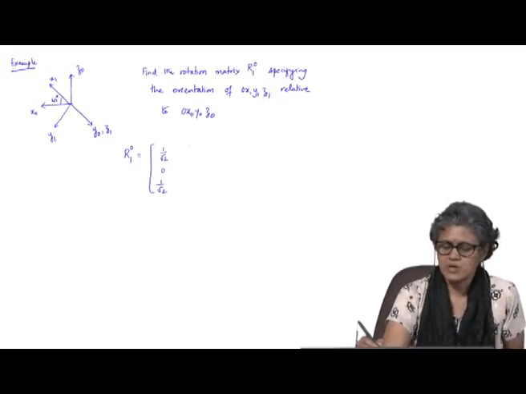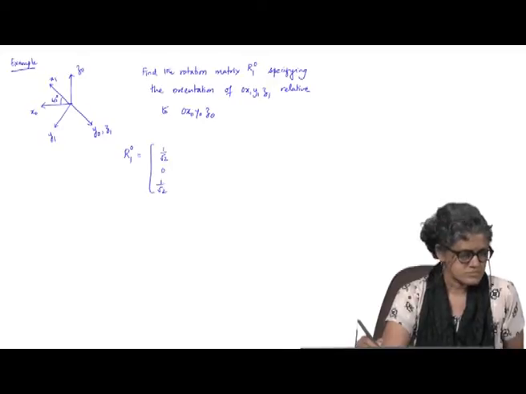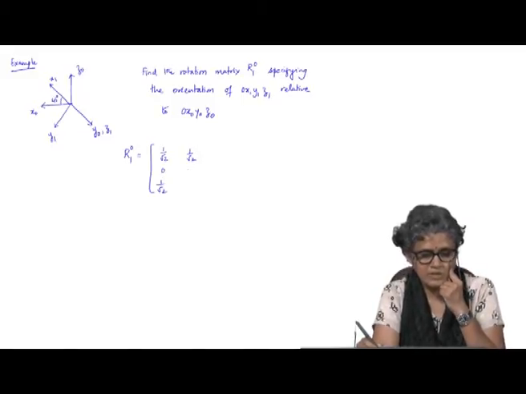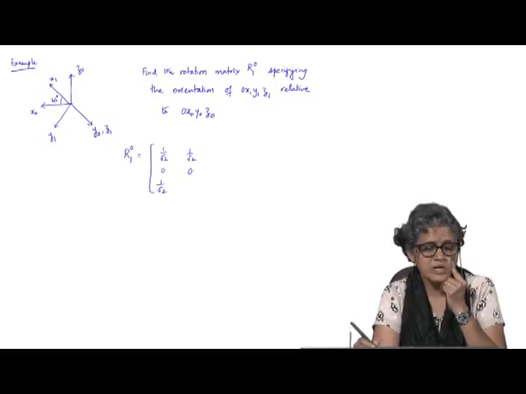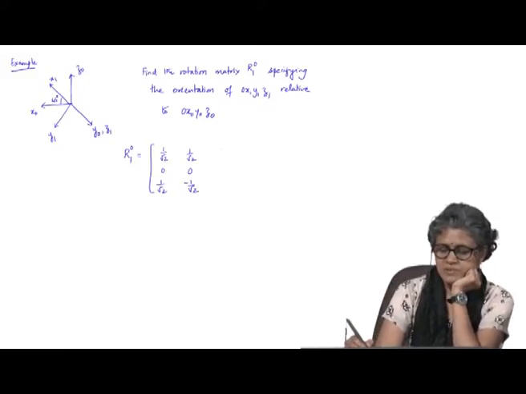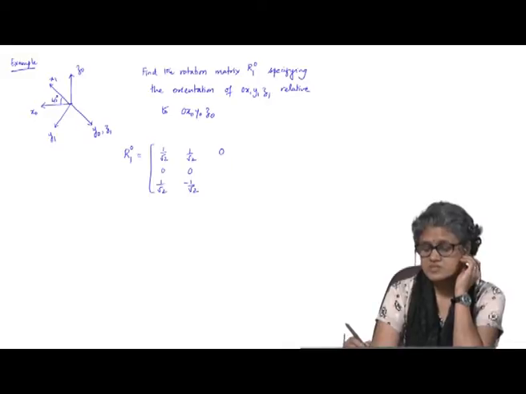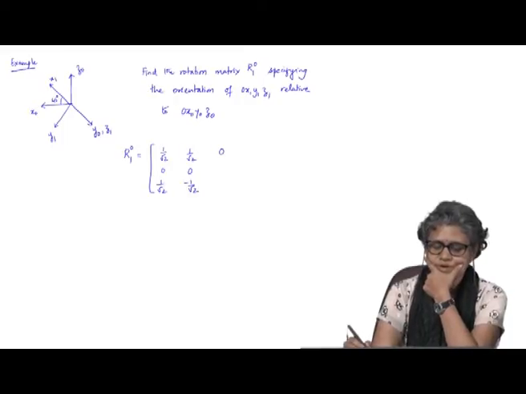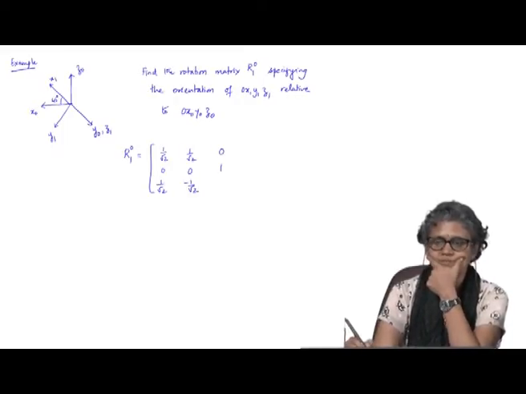Then y1 dot x naught, y1 dot y naught, y1 dot z naught, then z1 dot, sorry, z1 dot x naught, yeah, z1 dot y naught 1, z1 dot z naught is 0.